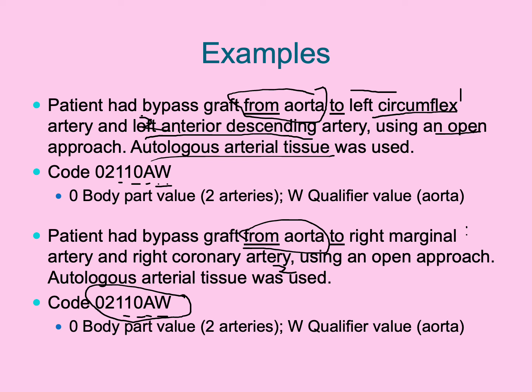It doesn't matter that one is the left circumflex and left anterior descending, and this one is the right marginal and right coronary artery. It's still the same code because it doesn't matter which arteries are in the body part. It matters just how many. Okay, that's the point we're trying to make here. Which arteries doesn't matter. It's just how many arteries.